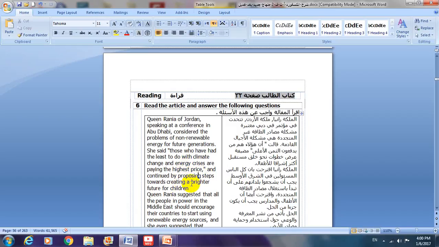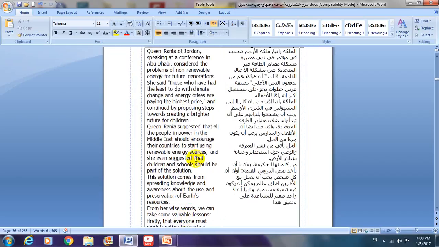And continue by processing steps towards setting a brighter future for children. Queen Rania suggested that all the people in power in the Middle East should encourage their countries to start using renewable energy sources. And she even suggested that children and schools should be part of the solution.